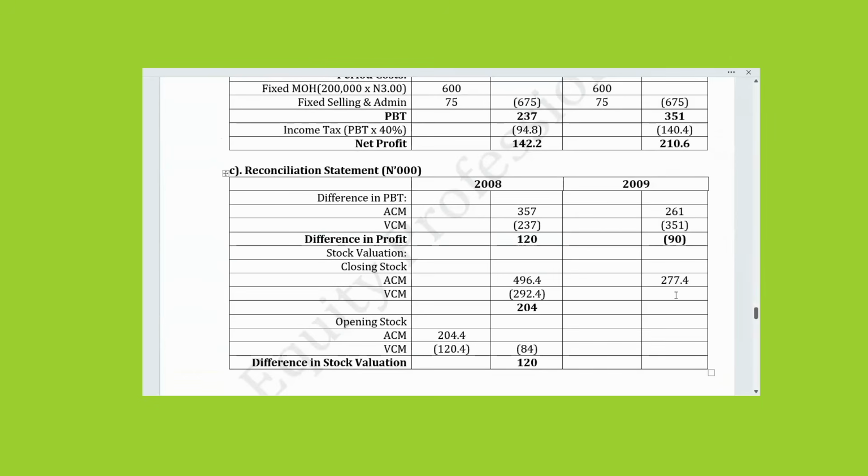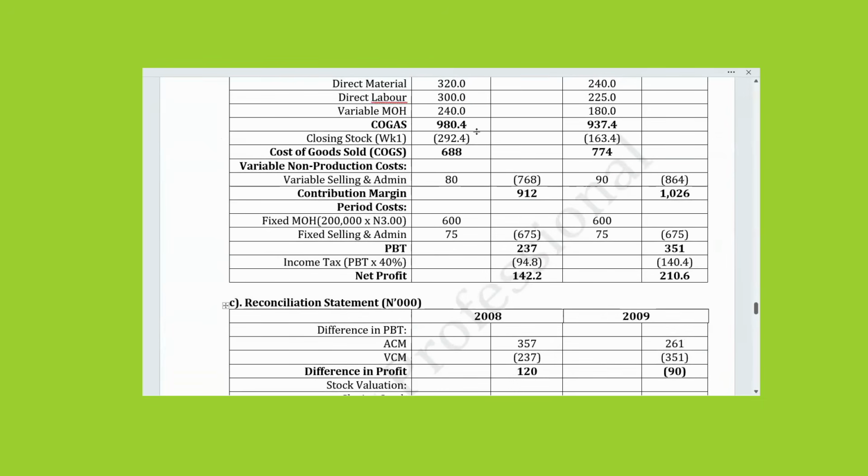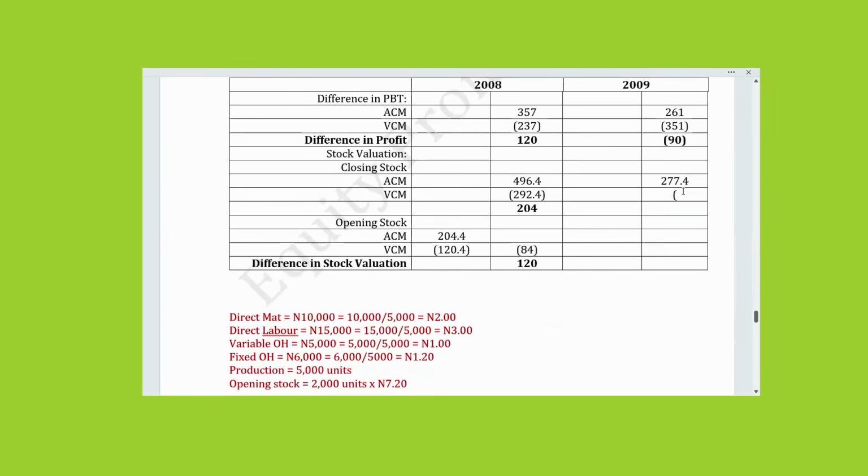Then under the variable costing method, closing stock in 2009 was 163.4. What's the difference? 114.